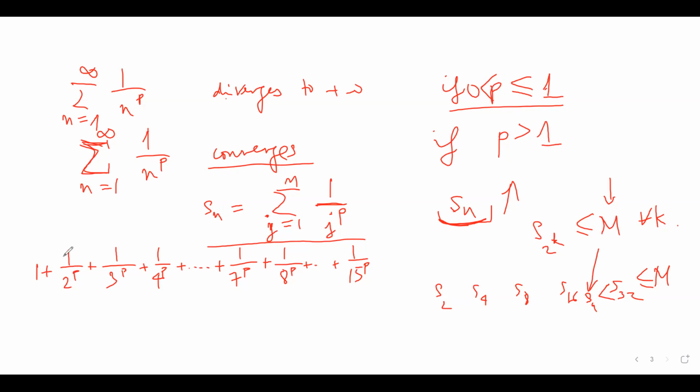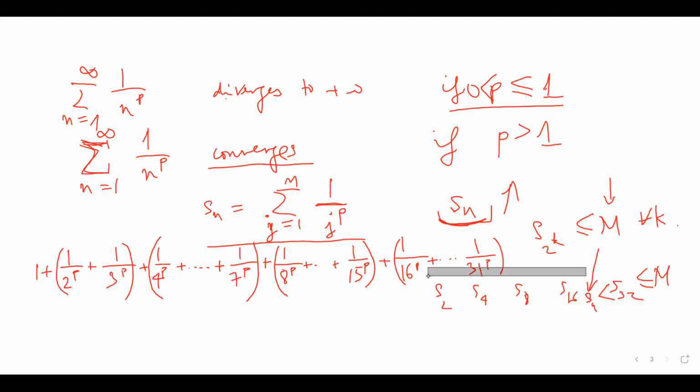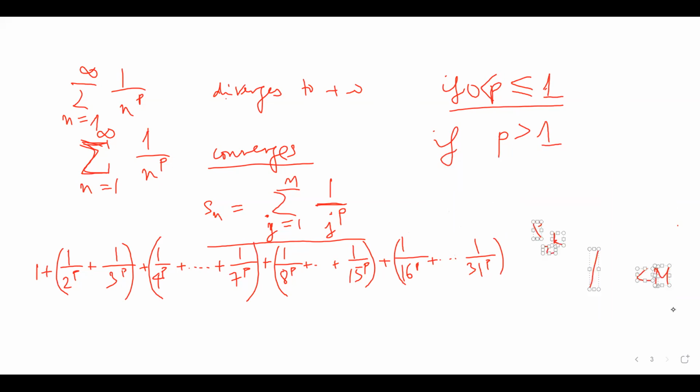So we're going to group like this. And you see the idea. So the next group is going to be 1 over 3^p and so on. So get this out of the way.